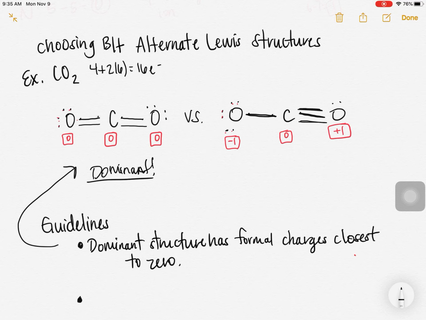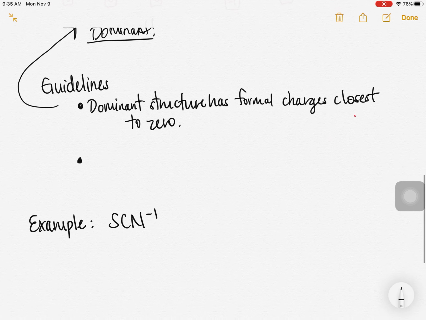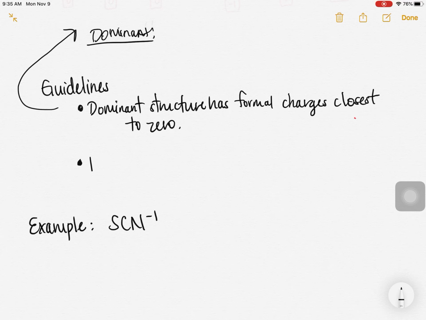However, sometimes we're unable to pick a best structure based solely on that rule. So there's a second guideline, and it says that we look at this only if the formal charges are equivalent, and I'll show you that in a second example here.